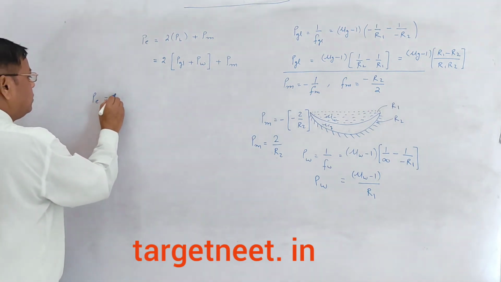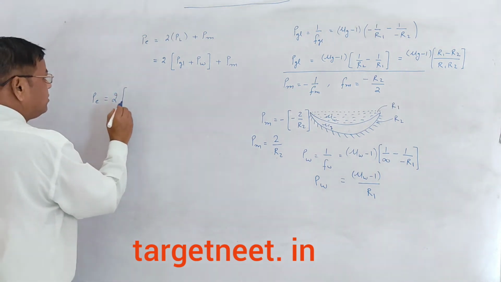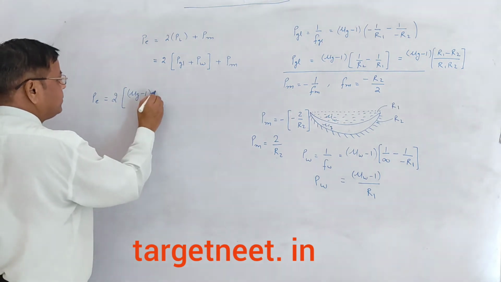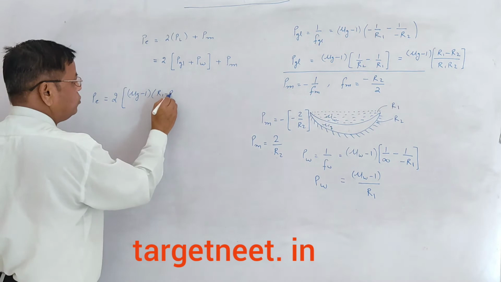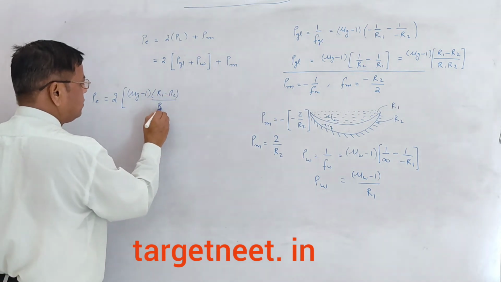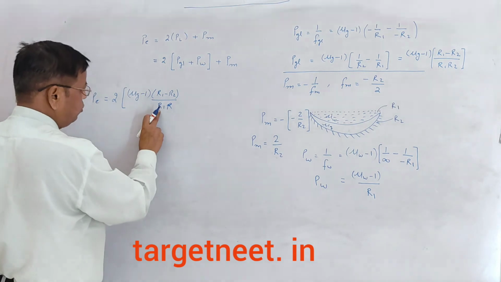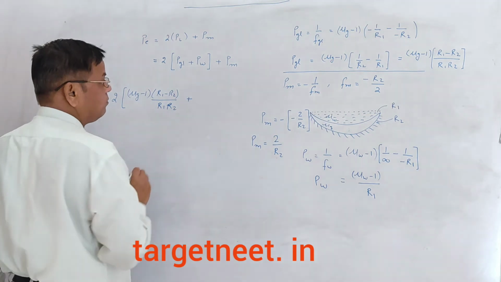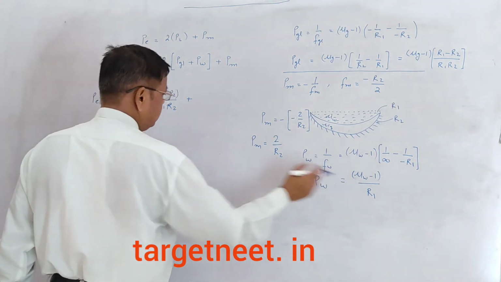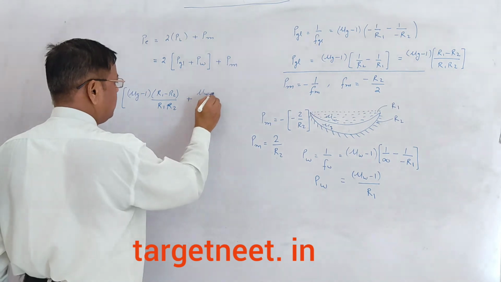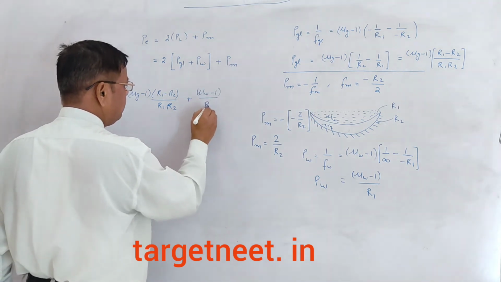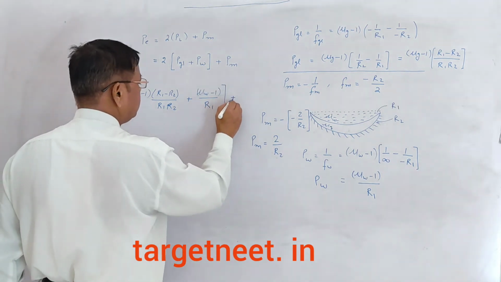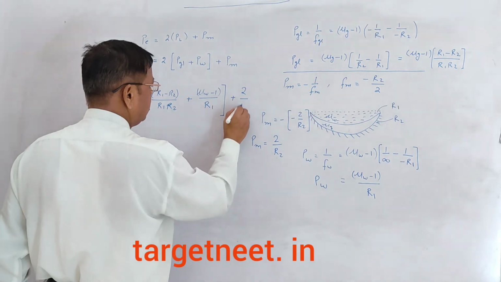Effective power is twice the power of the glass lens, that is (mu g minus 1) into (R1 minus R2) upon R1 R2, plus the power of the water lens, which is (mu water minus 1) upon R1, bracket close, plus 2 upon R2.